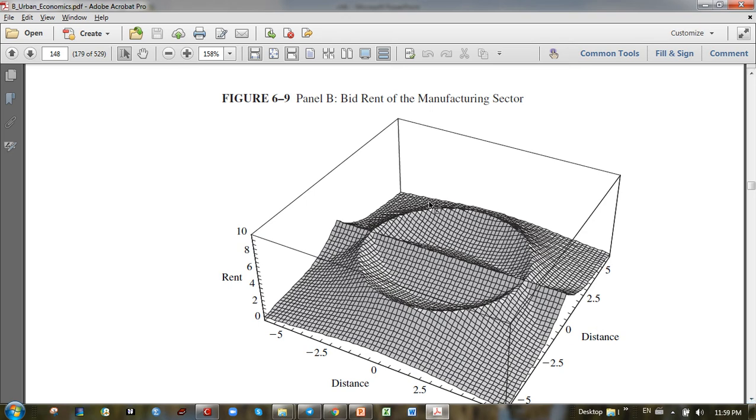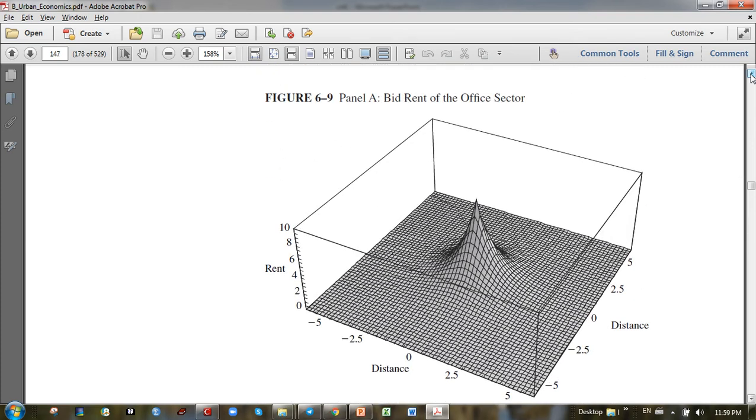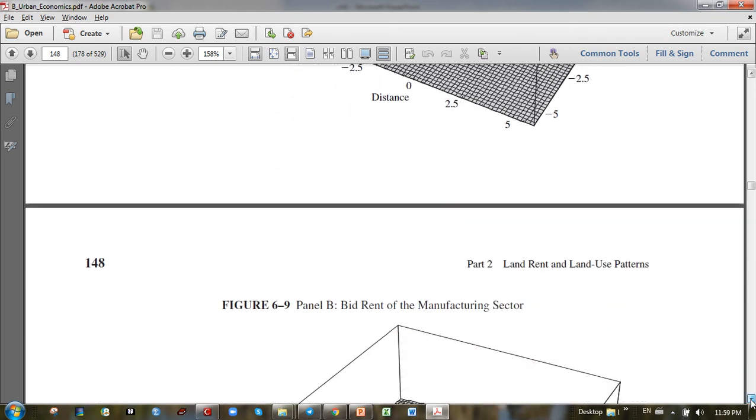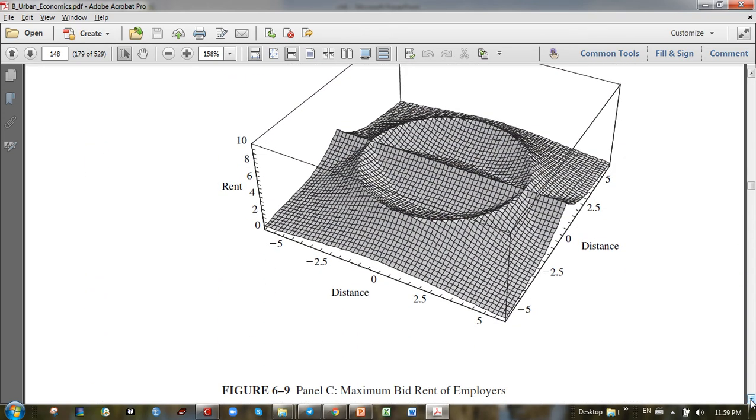However, this is manufacturing. I forgot. This is the center, normally the center for office. That's why offices will cluster with each other in the center, the center city or center urban area.